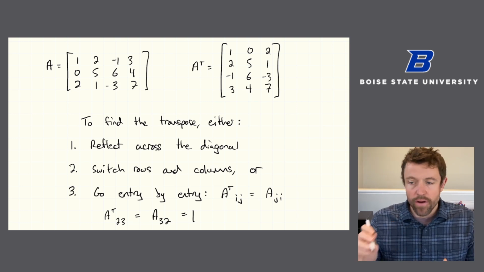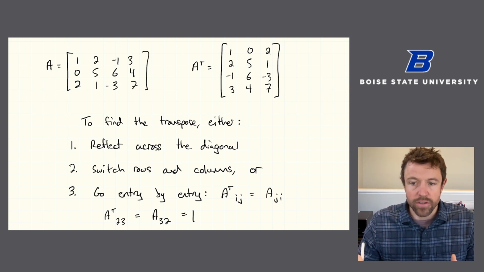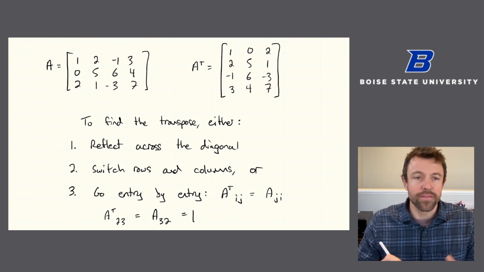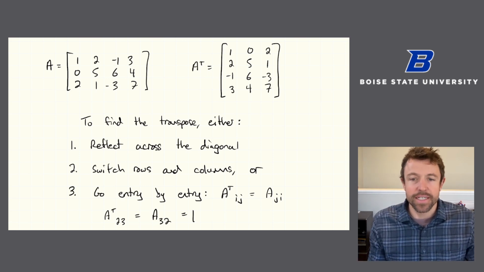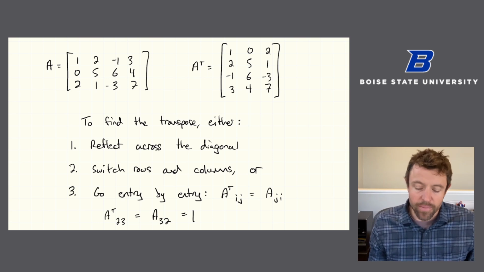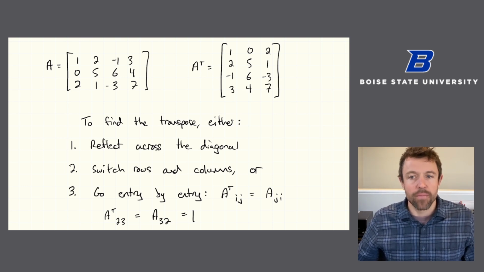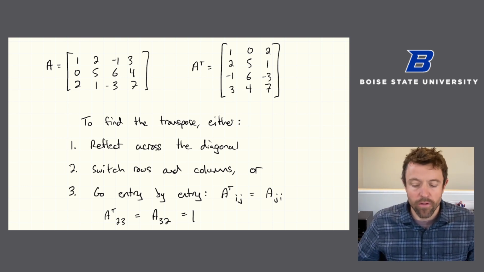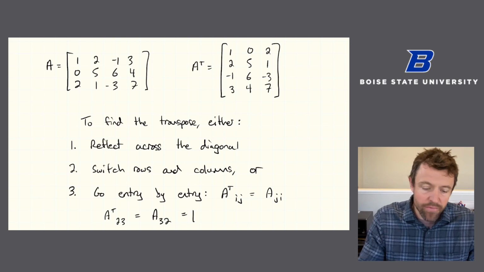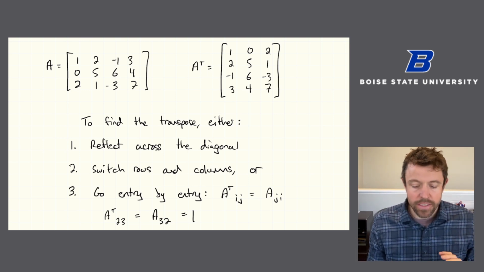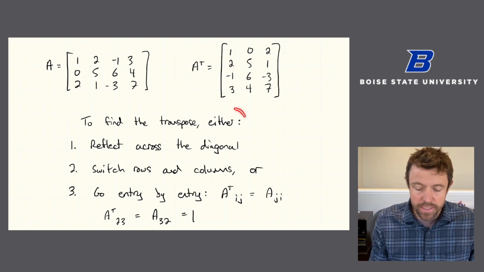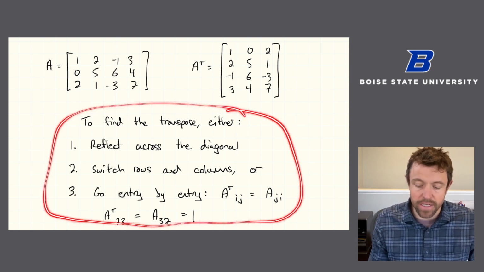Finally, we know how to find the transpose. Whether or not you believe that it's useful yet, you will see that, right? We'll use it. It'll show up in computations. But finally, are there any properties, right? We introduced some new notation. We want to know, how does this transpose behave? Well, the first thing to notice is that these processes, if you do them twice, they undo each other, right?